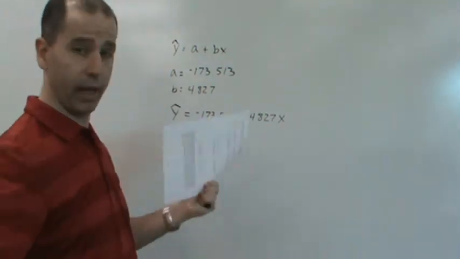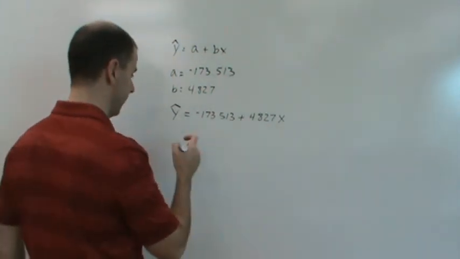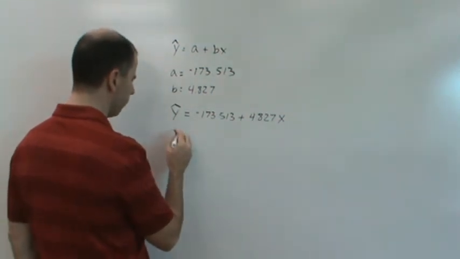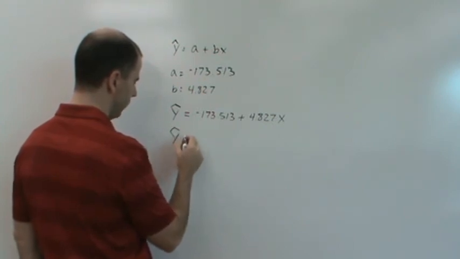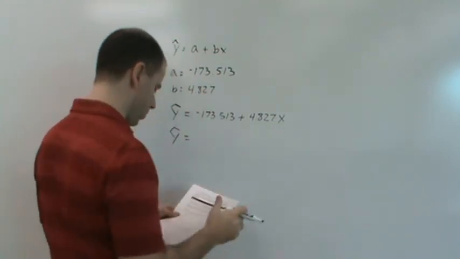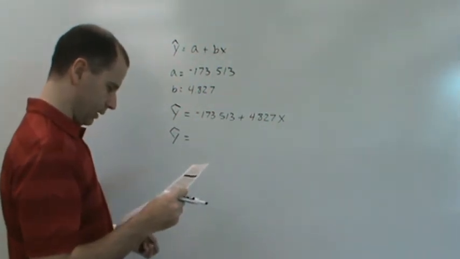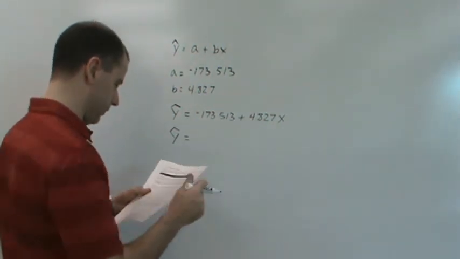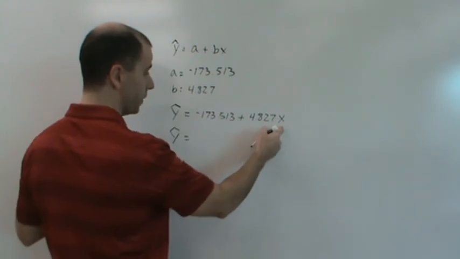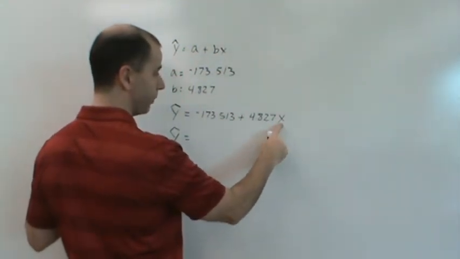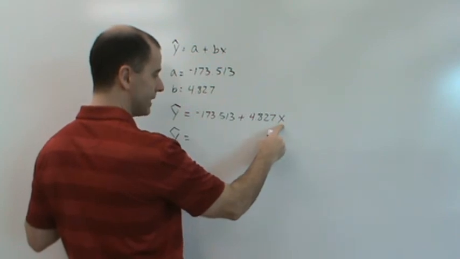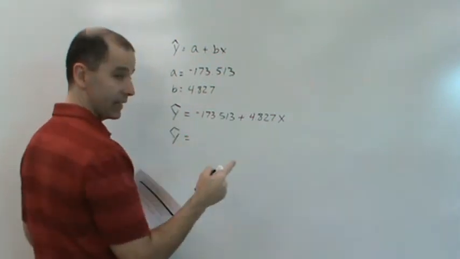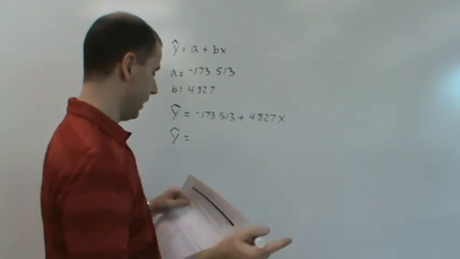But let's say somebody gets a 68. Let's do y hat. So now all we have to do is plug 68 in here, because x represents the score on the third exam. What can we predict about what the student will get on the final exam?